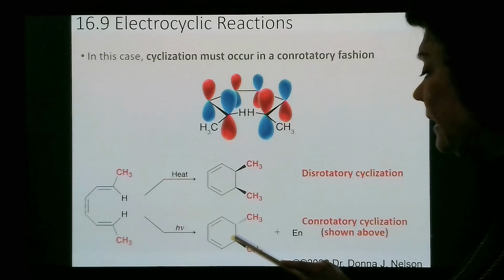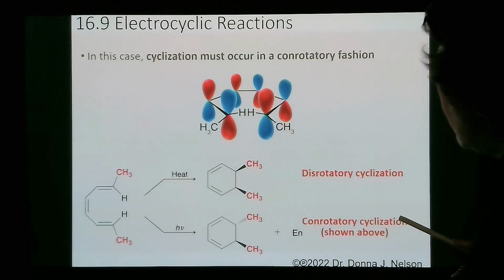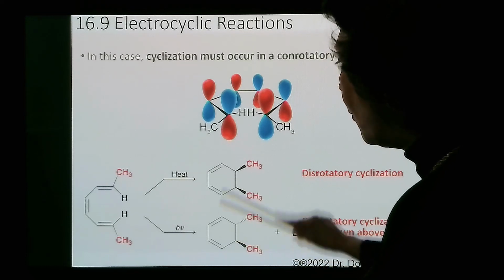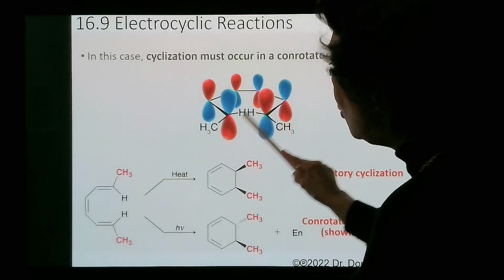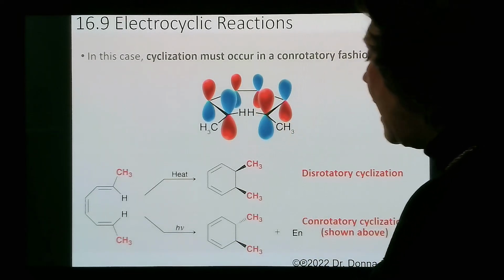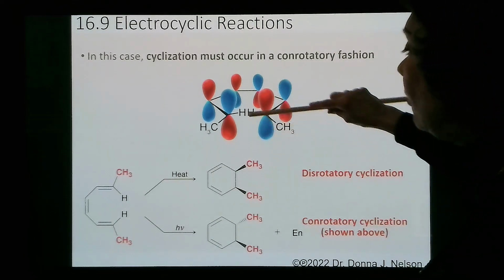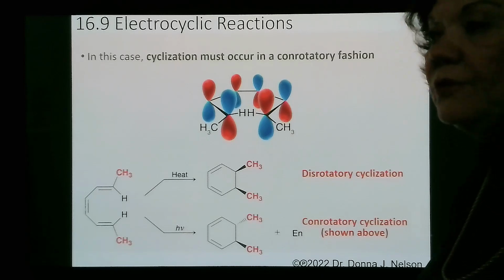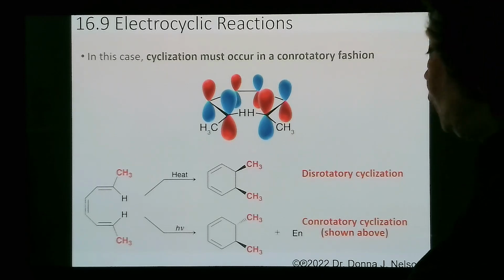And so that's this one down here. It's the photochemical pathway, and it shows the photochemical product that you get from having the two red lobes overlap. You could have just as easily had the two blue lobes overlap. It'll give the same product. It doesn't matter which one is chosen.